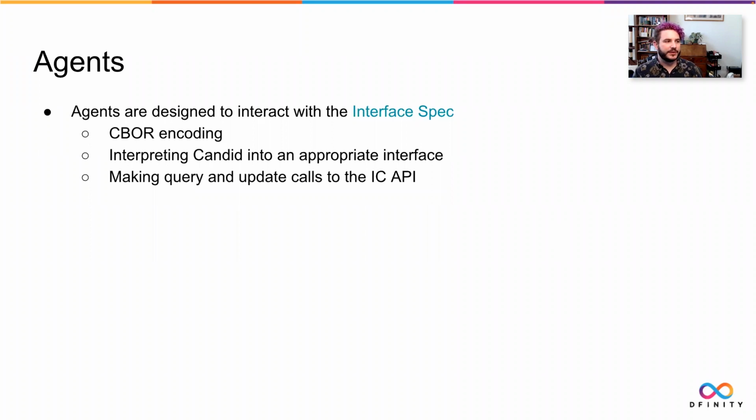And it also knows how to make query versus update calls to the Internet Computer API. Query and update calls are important. A query call is the fast call. You can basically get a response back straight away. It'll talk to, I think, the nearest canister, subject to change, of course, as the replica evolves.